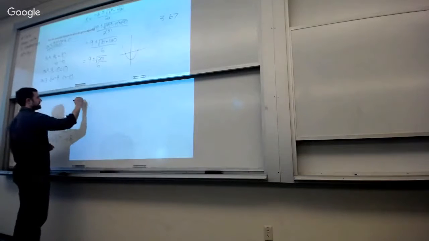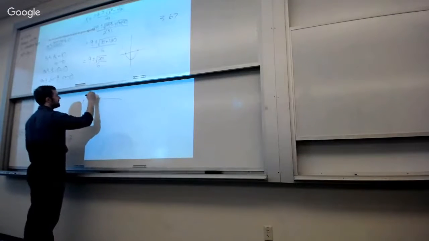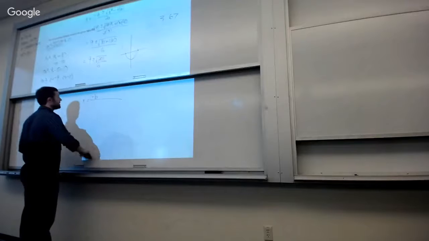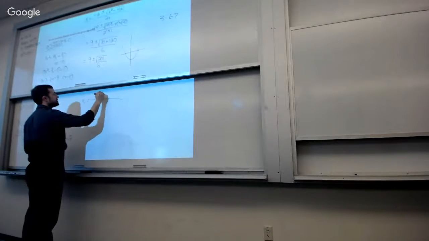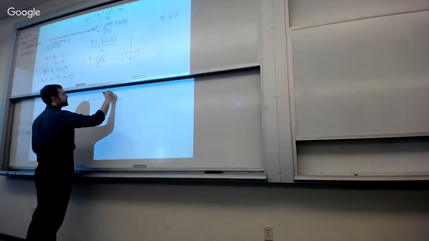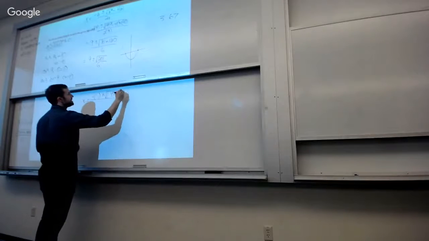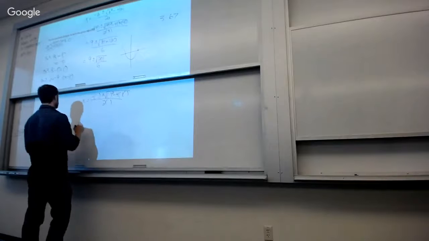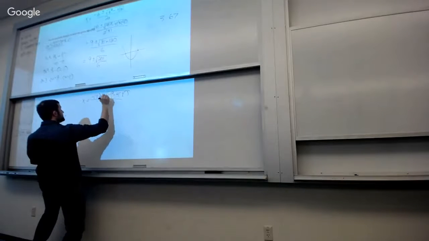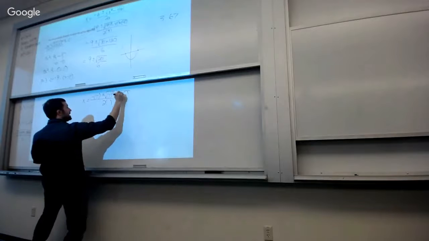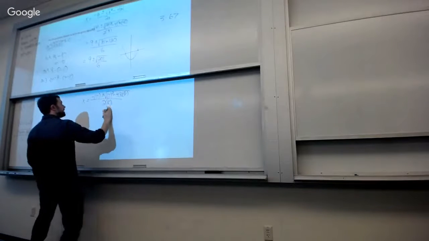Okay, so let's do this last one. Negative b plus or minus the square root of b squared minus 4ac all over 2a.